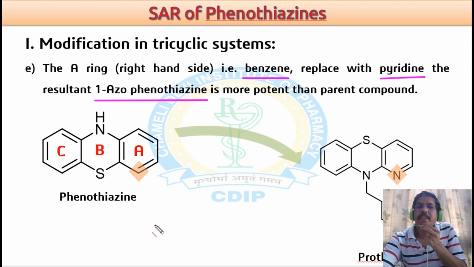So phenothiazine is transformed to a 1-azaphenothiazine derivative, and the drug prothipendyl has much more potency as compared to when this A ring has only a benzene ring. So A ring modification is still possible with the pyridine type of ring system.